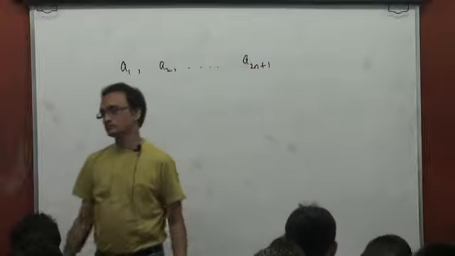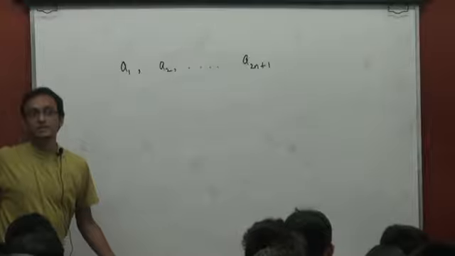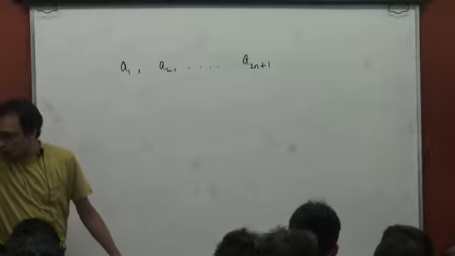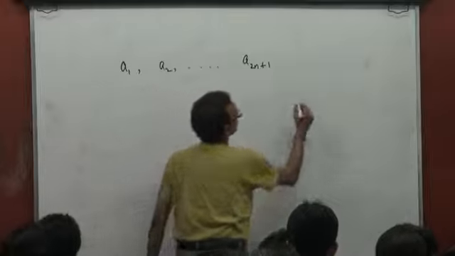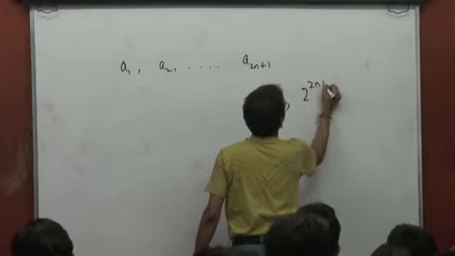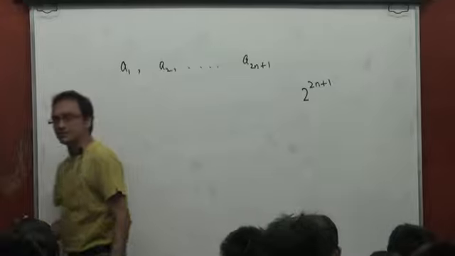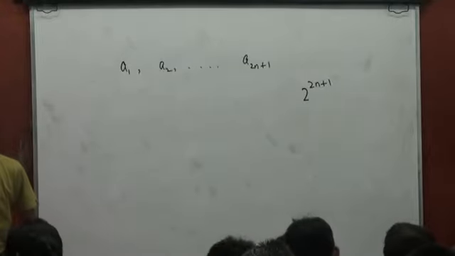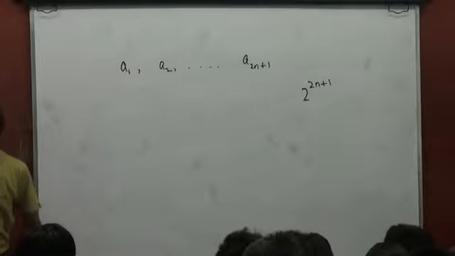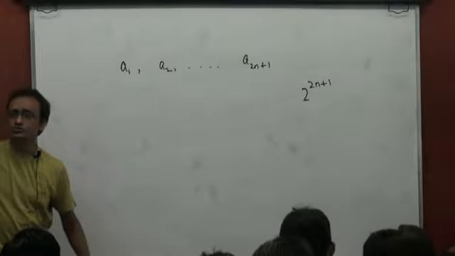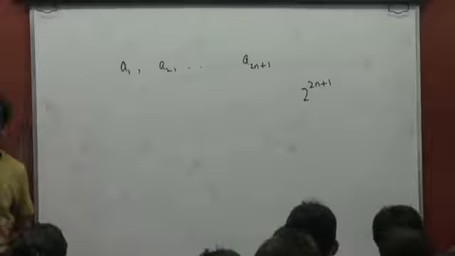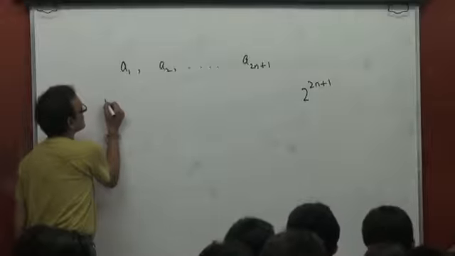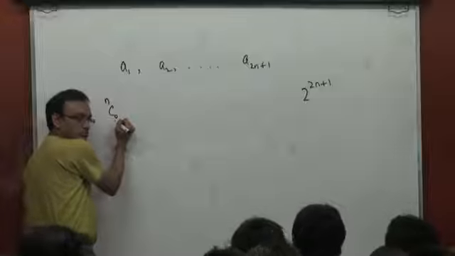What are the total number of subsets here? 2 to the power 2n plus 1. 2 to the power 2n plus 1 subsets of various sizes. Size 0, size 1, size 2, size 3, etc. Size 2n plus 1.